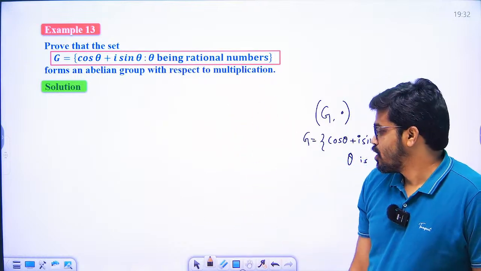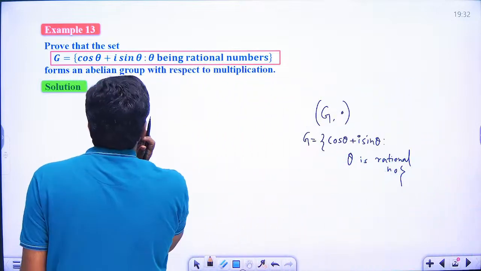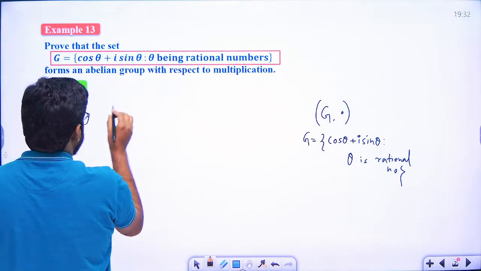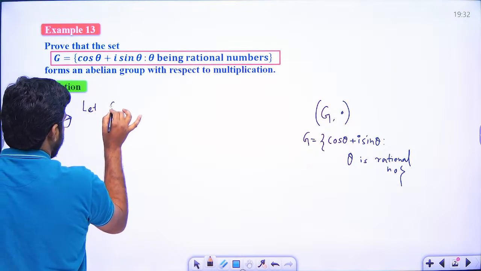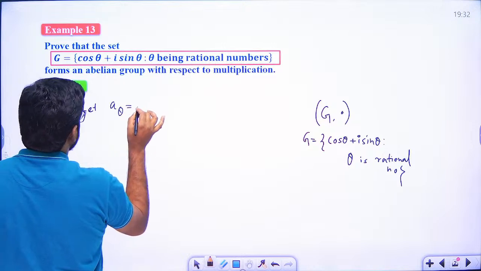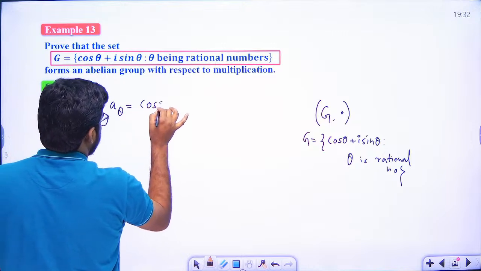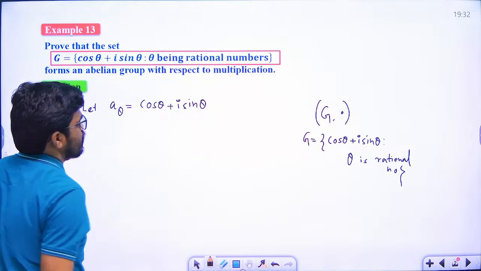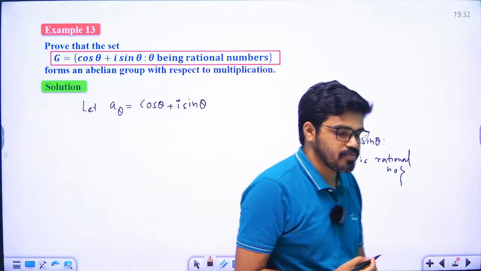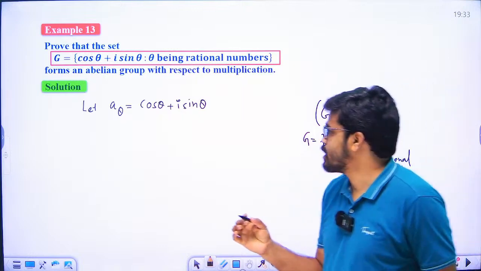Suppose a theta is cos theta plus i sin theta. Theta being a rational number.